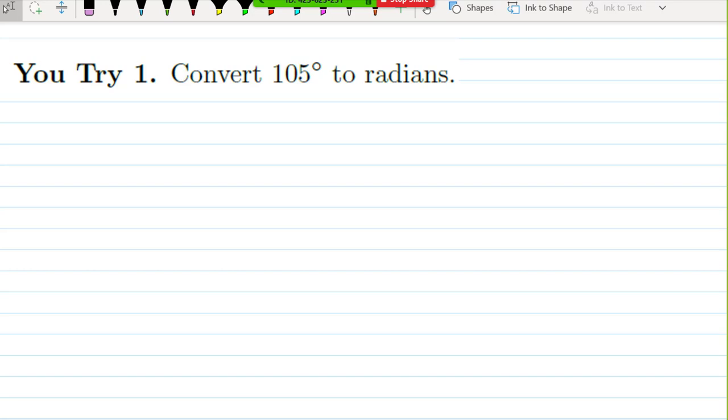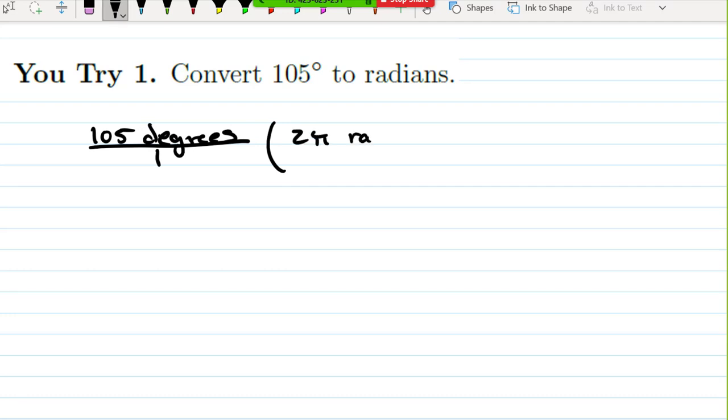All right, so to convert 105 degrees to radians, we would go 105 degrees, make it a fraction over 1, and then I would have pi radians over 180 degrees.